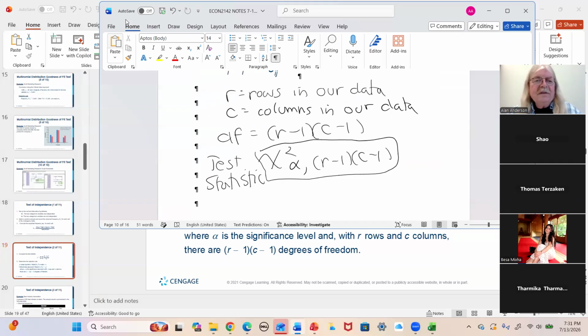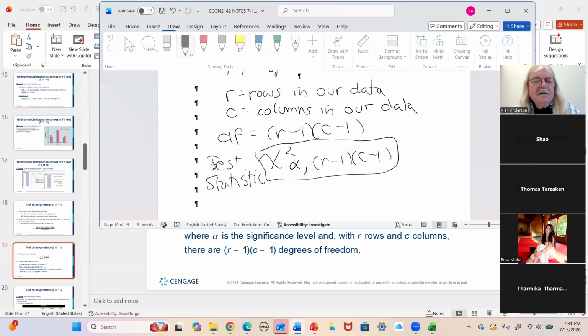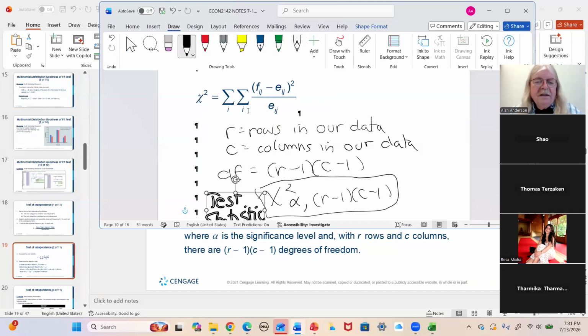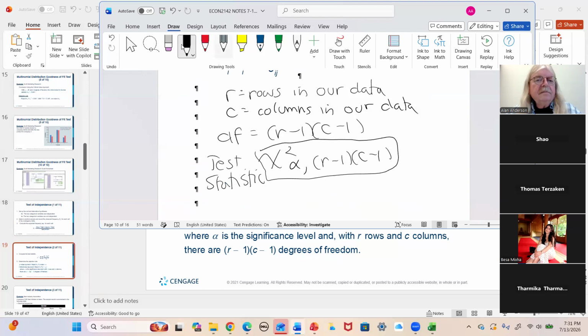That's the critical value. Whoops, what am I saying? The test statistic is this one. That's the critical value that I just drew. Hold on. And there's only the one.